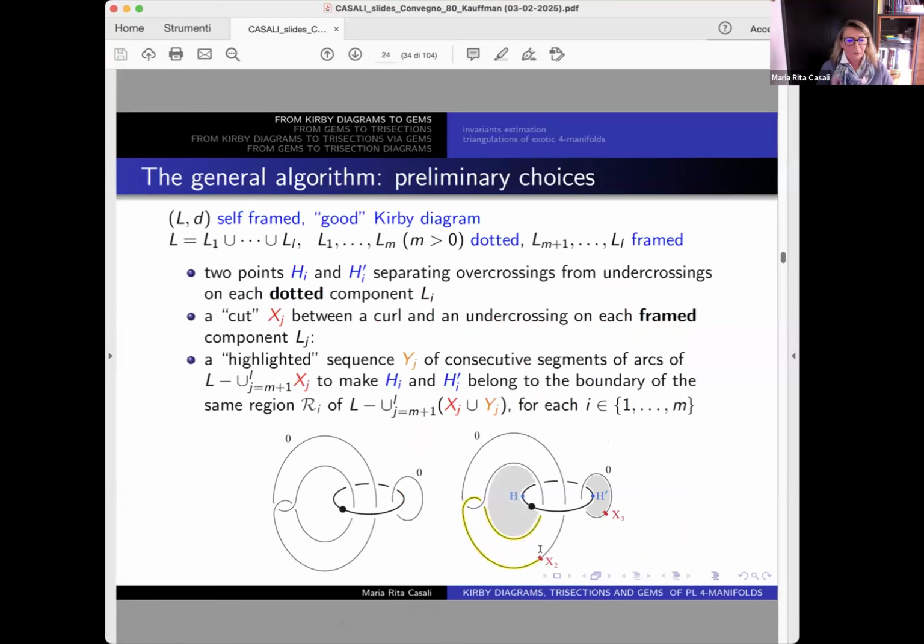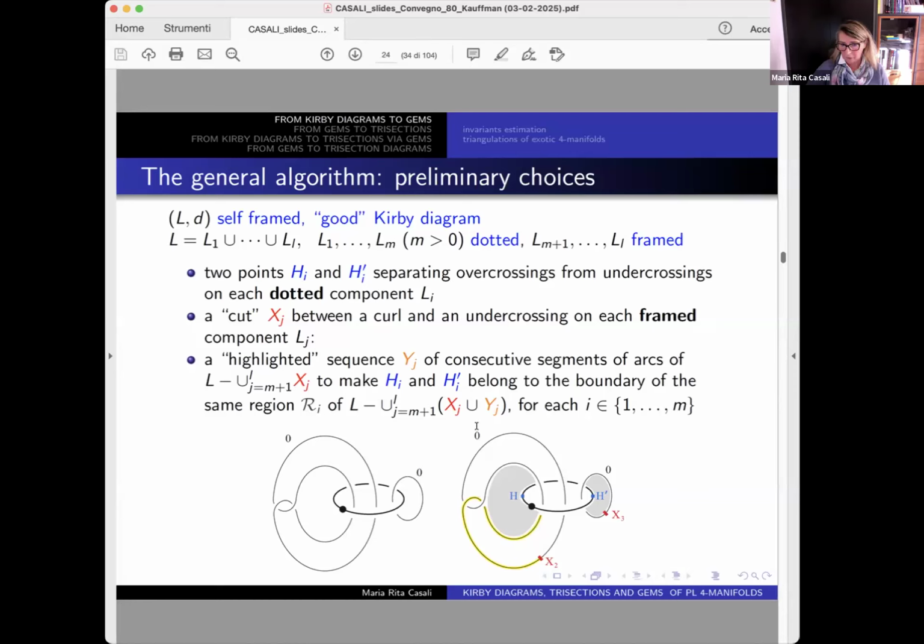The case when dotted components appear is more complicated, and the algorithm depends on some choices of points and arcs and parts of arcs of the diagram. Here are the choices we have to make.